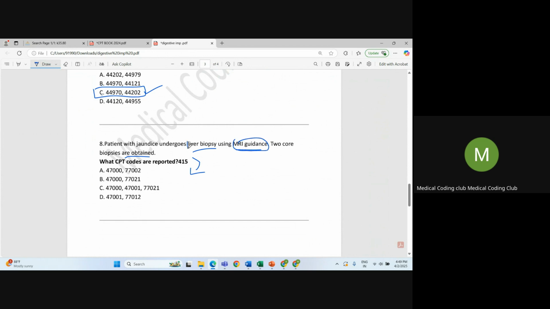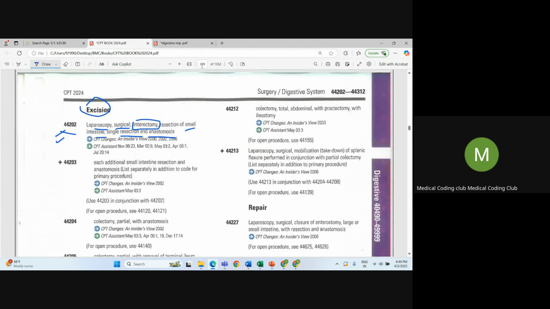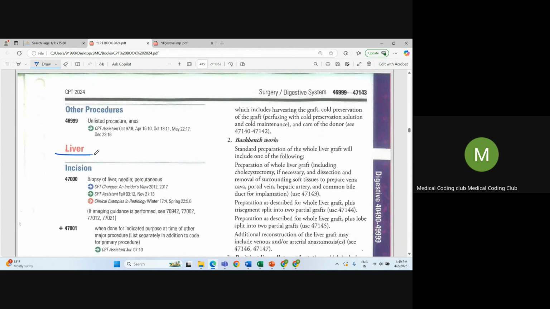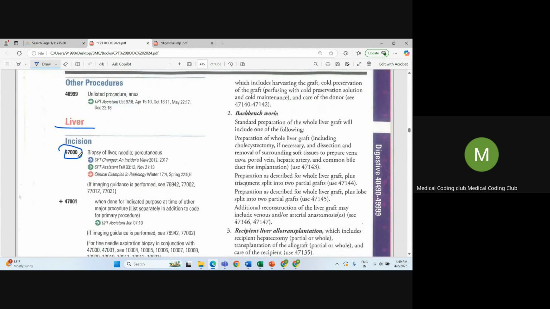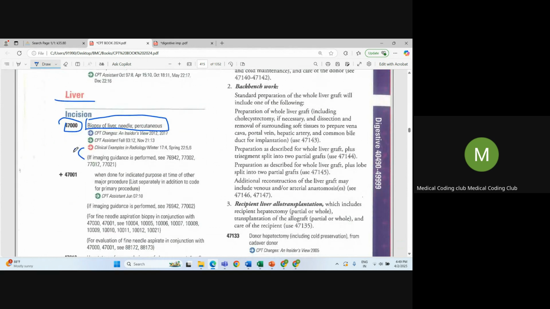So check for the liver biopsy code. 47000 says biopsy of liver, needle, percutaneous. And you can also see the note that imaging guidance is performed. See, this is the ultrasound guidance code. 77002 is for fluoro.